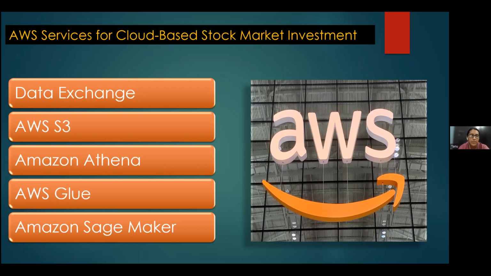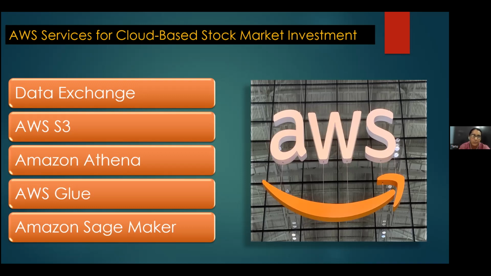It can also be used for developing predictive models to analyze stock market trends and inform investment decisions. So these AWS services provide the necessary tools and infrastructure to support our cloud-based stock marketing investment and enable us to efficiently manage and analyze financial data for better investment strategies.